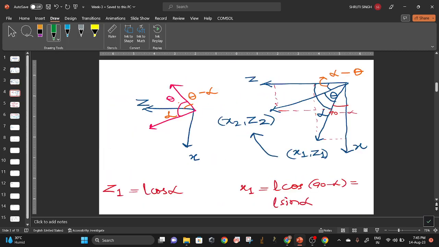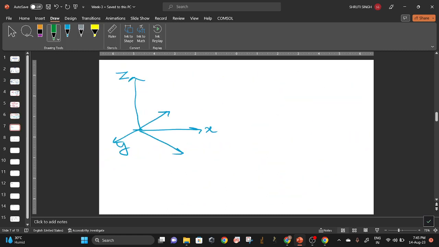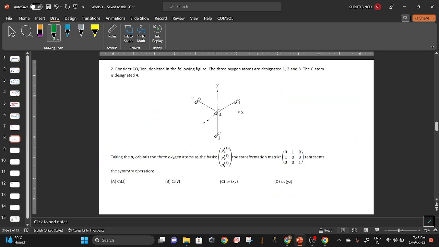Now let's move to the next one. See, in this one they have given the system. This is the correct coordinate system which they have given. Okay.